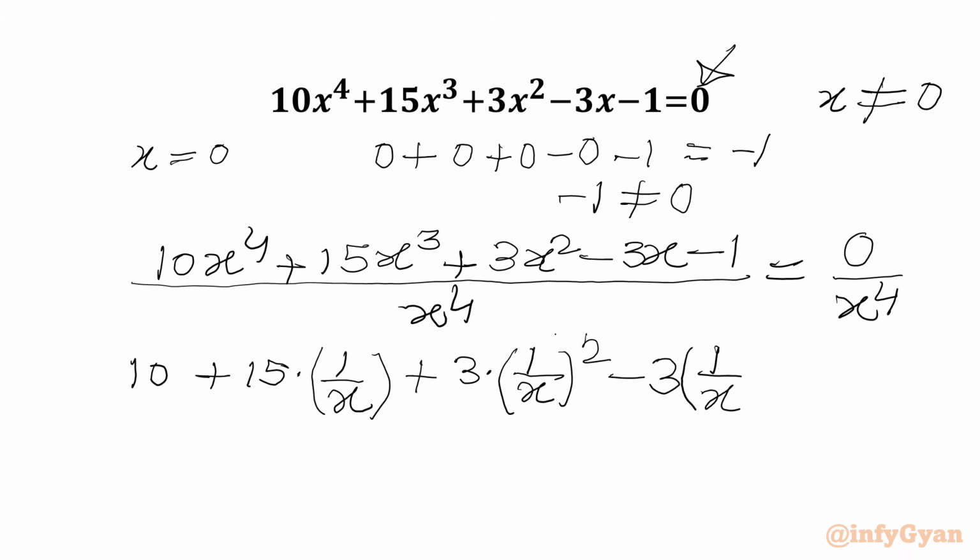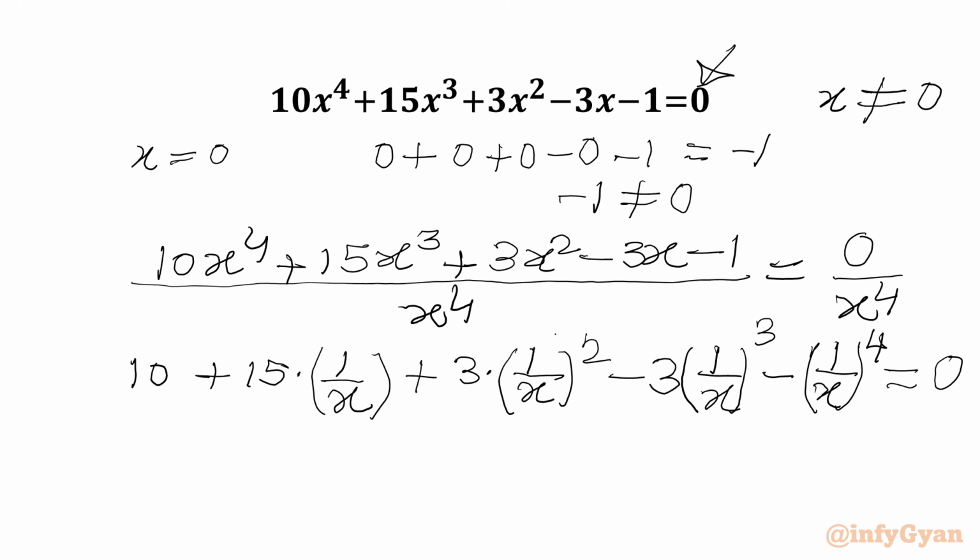I am writing 1 over x whole cube. Then we have minus 1 over x power 4, which we will write minus 1 over x whole power 4, equal to 0 over x power 4, which is 0.